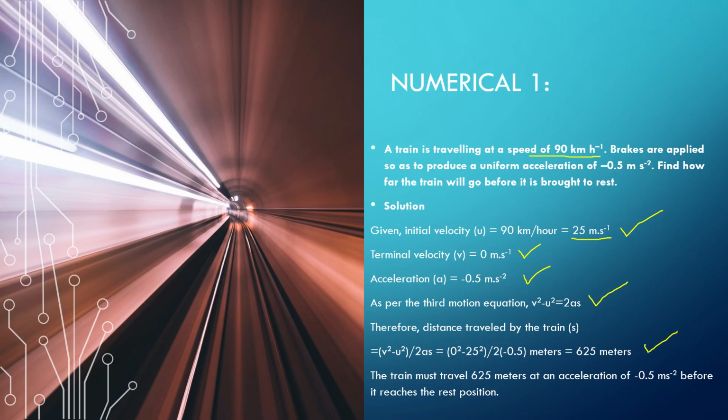When you are substituting the values, children, you need to be very careful while you are doing the calculations. The train must travel 625 meters at an acceleration of 0.5 meter per second square before it reaches the rest position. So when you are doing these questions, just see to it that you write these three equations of motion along with it. That will help you to understand when to apply what.